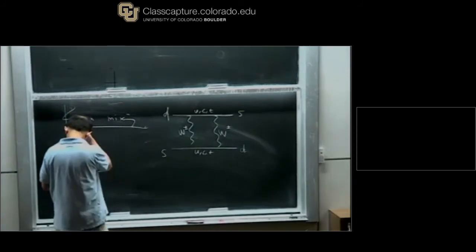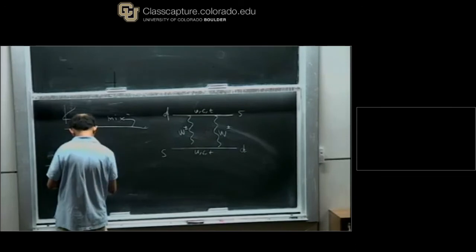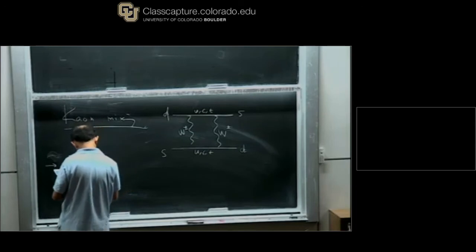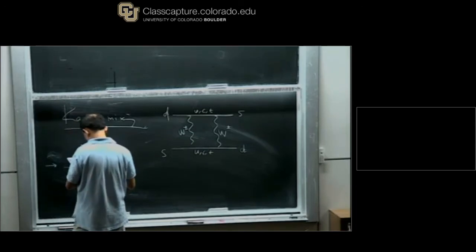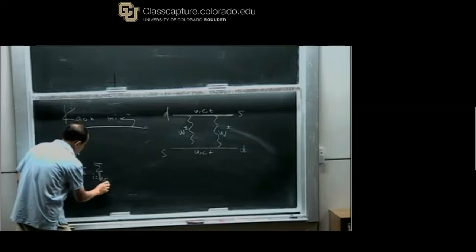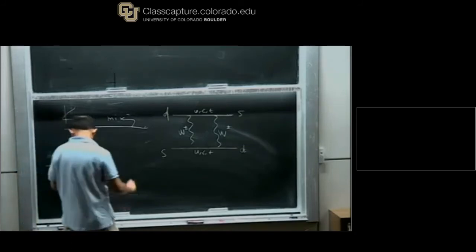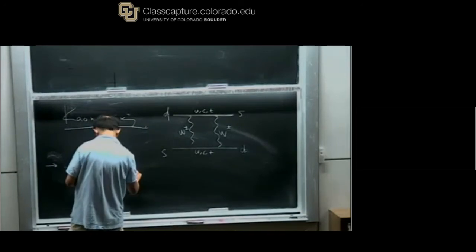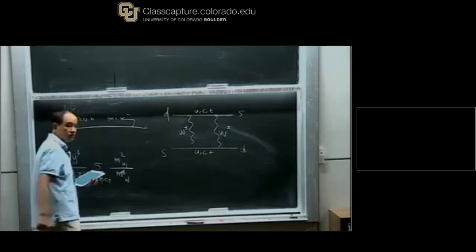Sum over i, where i equals U, C, and T, and m_i squared over M_W to the fourth.